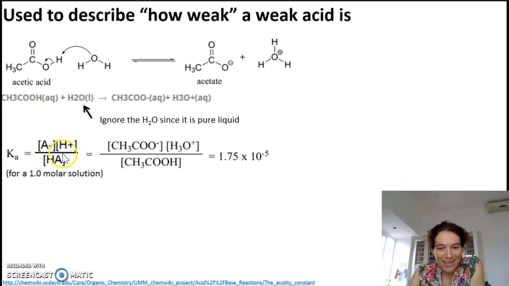And when we plug it in, what we find is that for a 1 molar solution, this matters. If you used a 0.1 molar solution, it would be different because, look here, these are concentrations. But for a 1 molar solution, which is kind of the standard solution to compare, our Ka is 1.75 times 10 to the negative 5th.